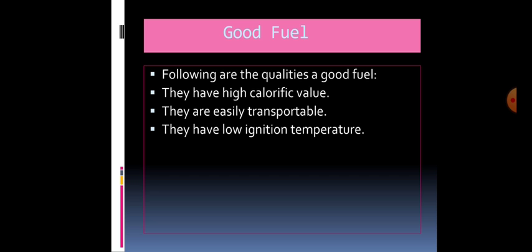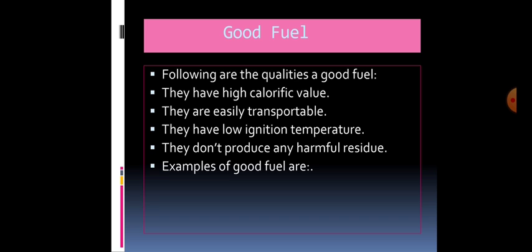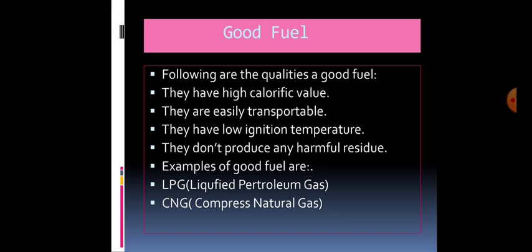They have a low ignition temperature, meaning they get burned very easily. They don't produce any harmful substances. For example, when you burn firewood, a lot of black substances, soot, and ash are produced. These are not produced when you burn a good fuel, for example LPG. Examples of good fuels are LPG, CNG gas, biogas.